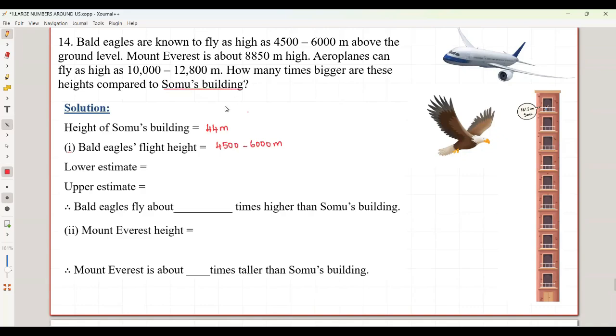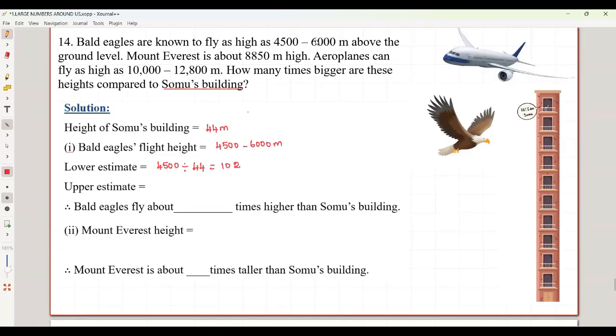We are comparing with Somu's building. For the lower limit, 4,500 divided by 44, you will be getting 102.